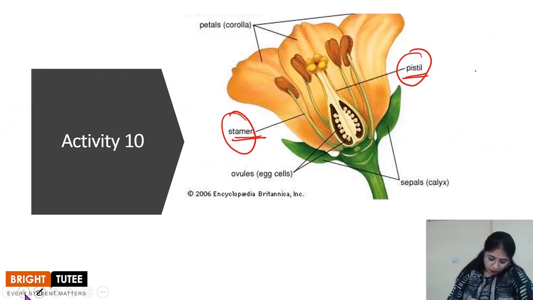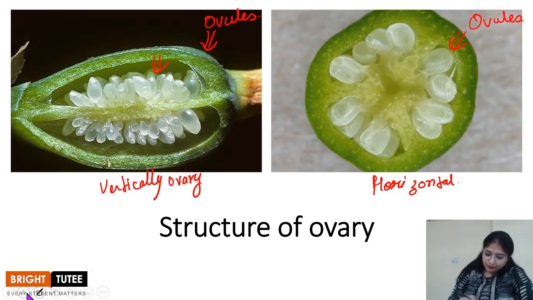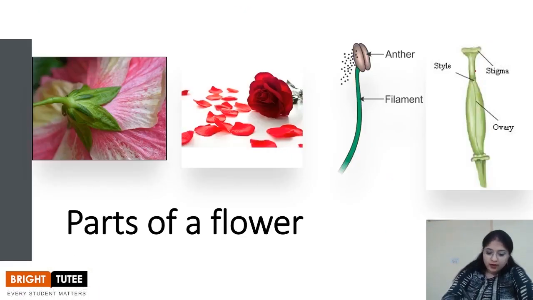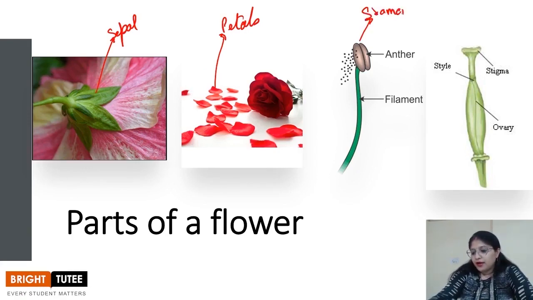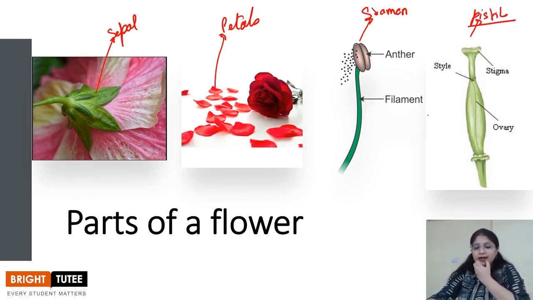so in this activity we saw that there are basic 4 parts. One is the sepal, then you have the petals, then you have the stamen, and then further you have the pistil. Now there are certain flowers in which you will find either the stamen or the pistil, and that is why this question was there in the table, whether or not the pistil was present in the flower.